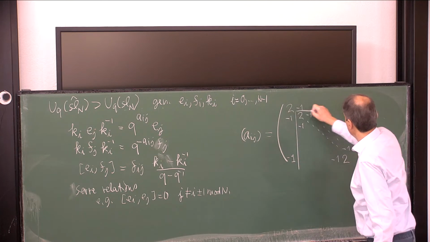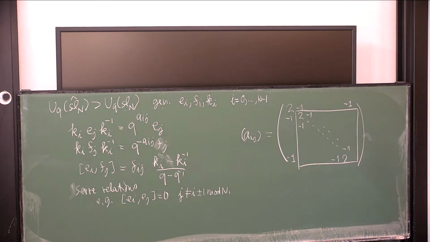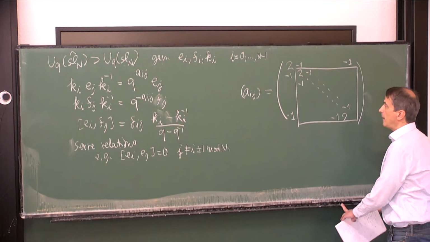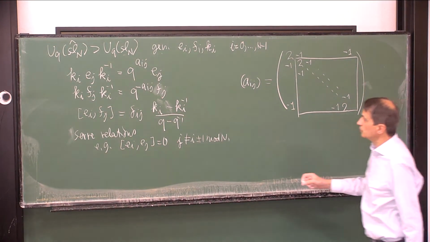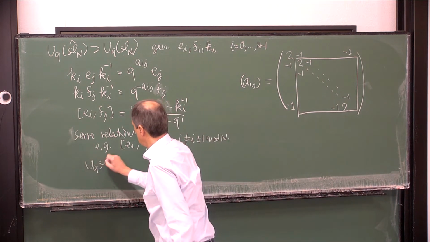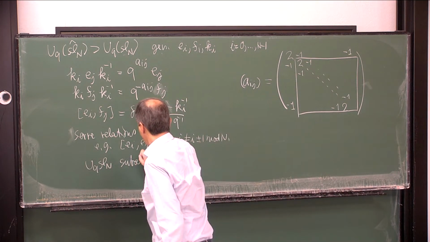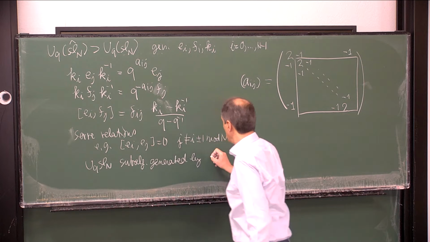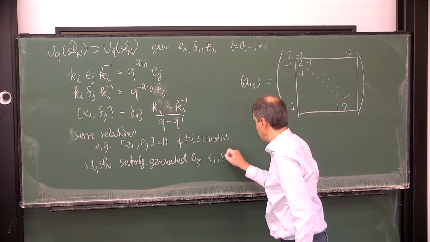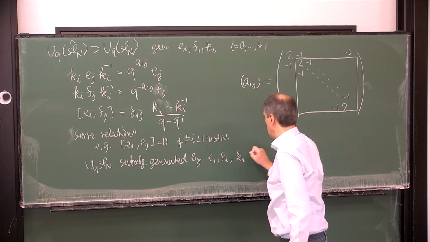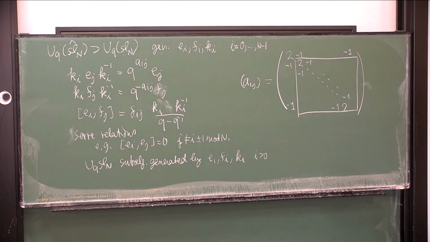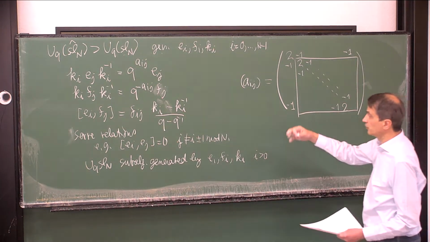So if you take the submatrix, this is the Cartan matrix of sl_n, that is the Cartan matrix of A_{n-1}, and U_q of sl_n is a subalgebra generated by E_i, F_i, K_i with i positive. So this is the picture, and then you have a formula for the coproduct, for the antipode, and so on.